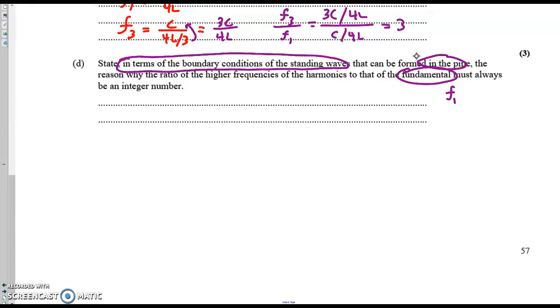The first thing we do is, at the closed end, there must be a node, because particles can't move.